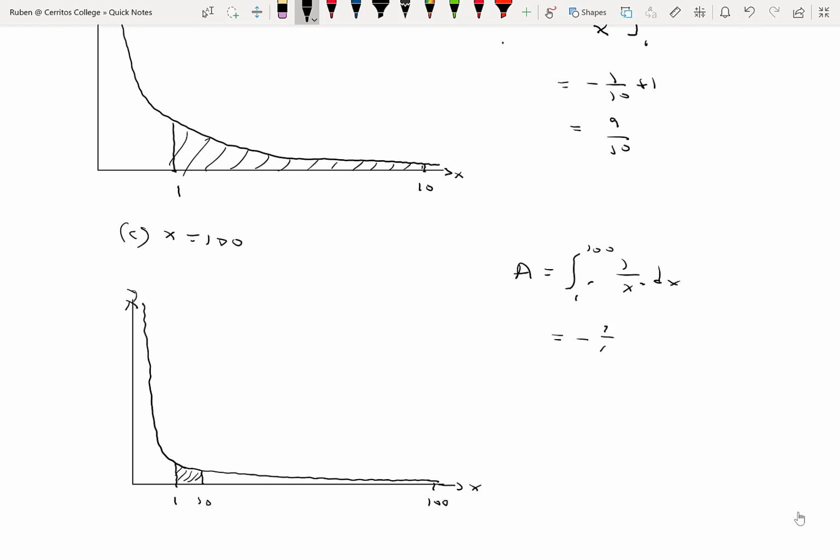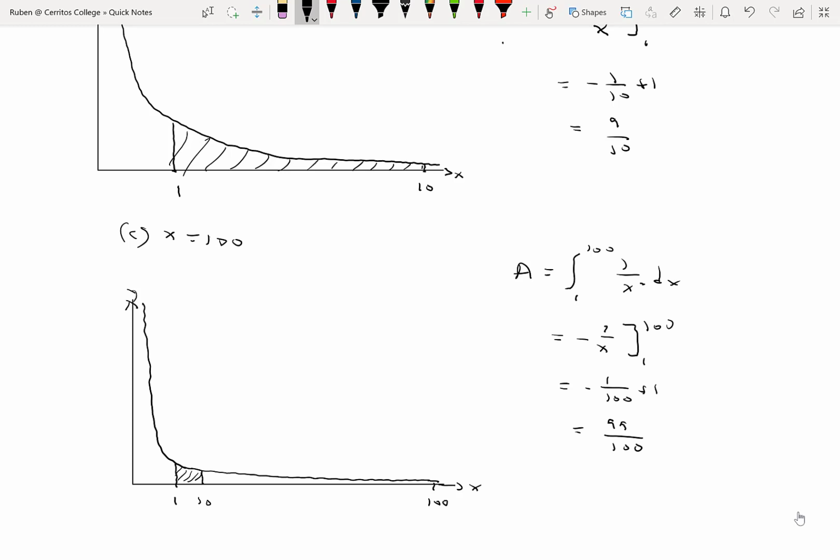So negative 1 over x, between 1 and 100. I want to get rid of this stray mark here. It looks like a negative. Okay, so the area is negative 1 over 100 plus 1, or 99 over 100.